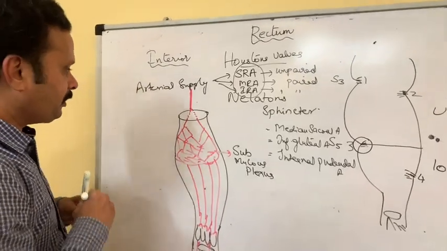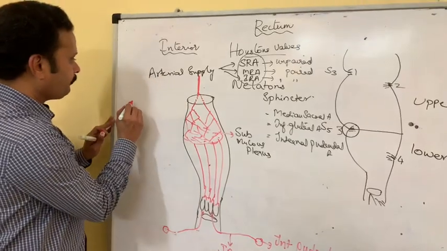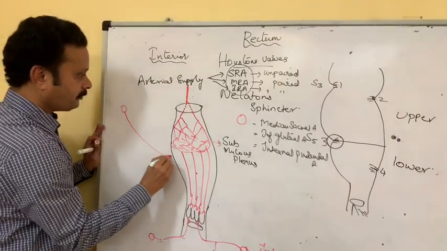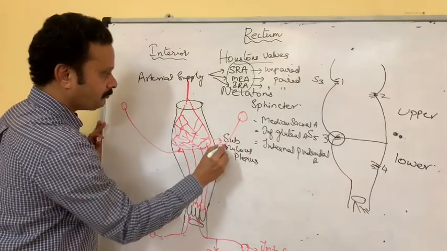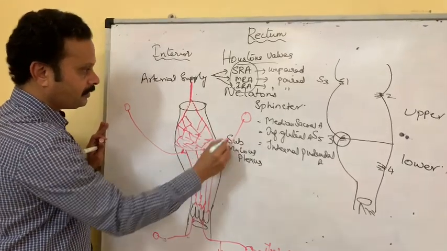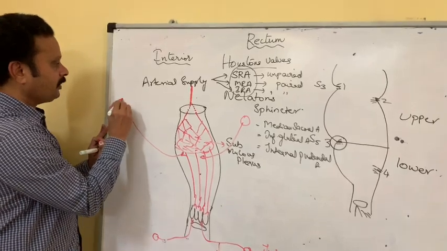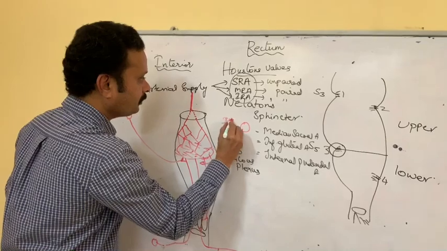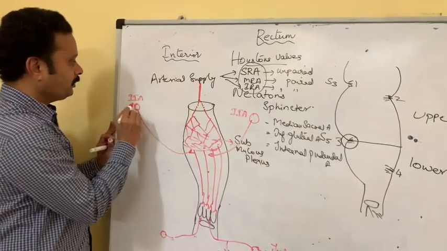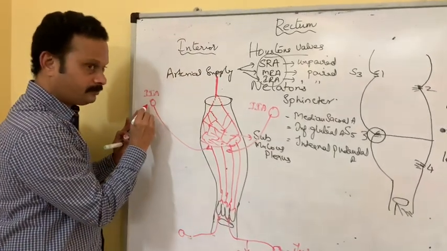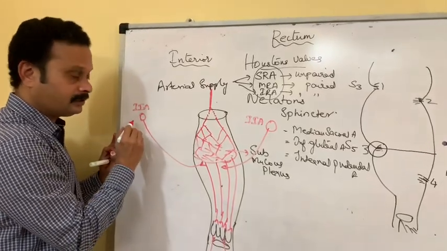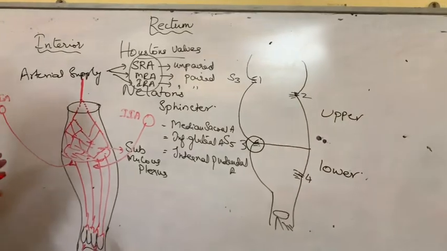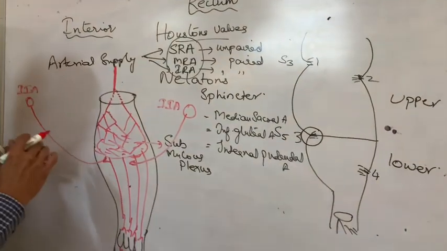It is also supplied by the middle rectal artery. The lower part of the rectum is supplied by middle rectal artery, which is a branch of anterior division of internal iliac artery. This middle rectal artery is a content of the lateral ligament of rectum.